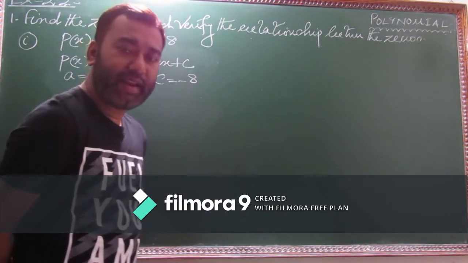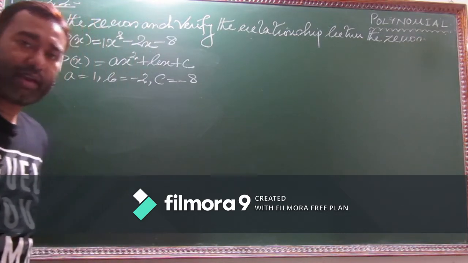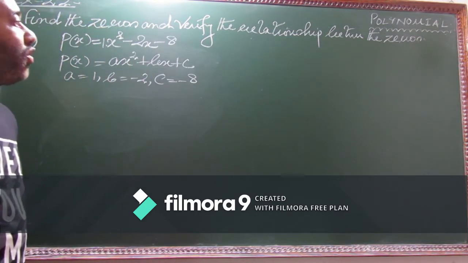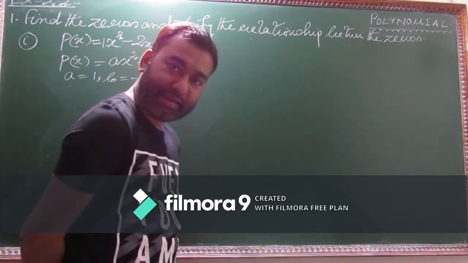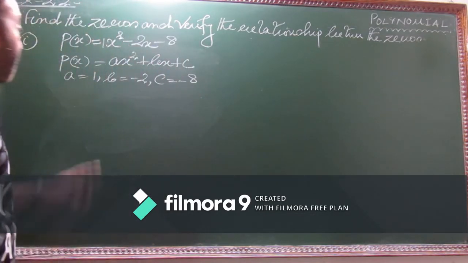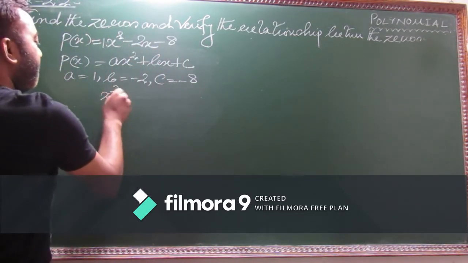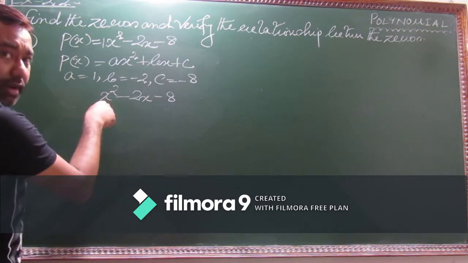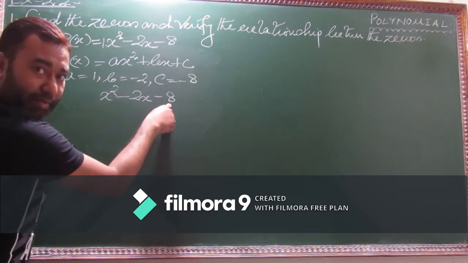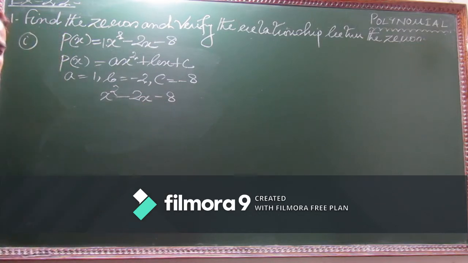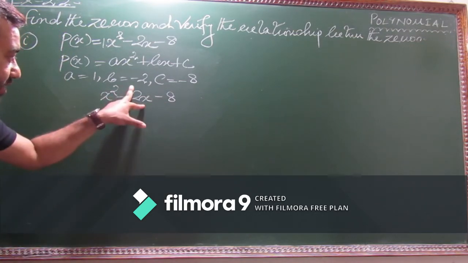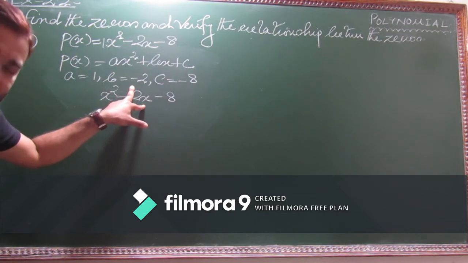Third is the third identity, that means a square minus b square is equal to a plus b into a minus b. And the fourth is splitting the middle term. Let me check. This is x square minus 2x minus 8. This is not a square number. This is also not a square number. So I can't apply the first and second identity. Third is also not possible. So I am going to apply splitting the middle term.